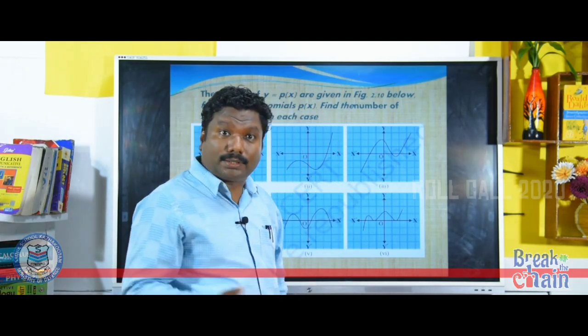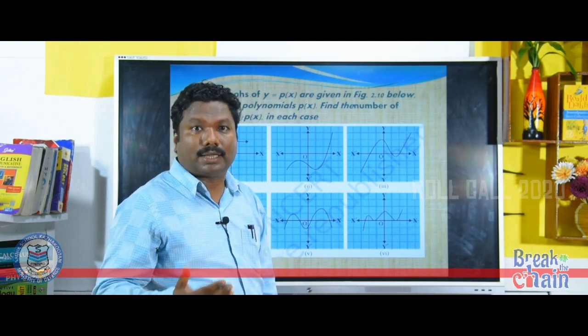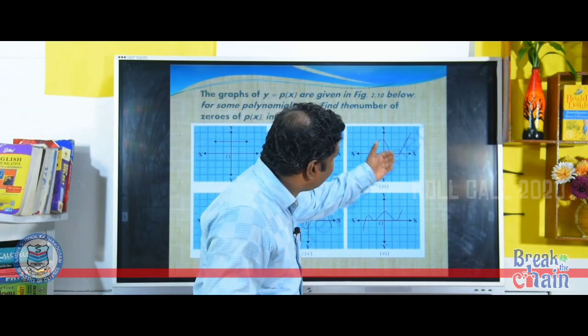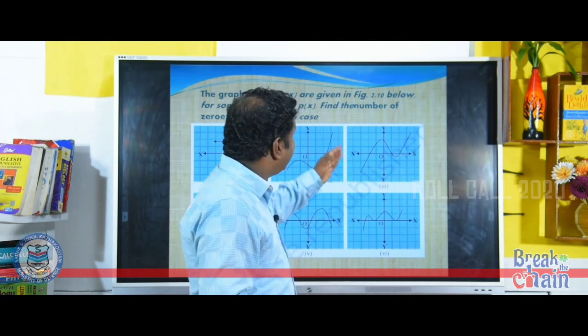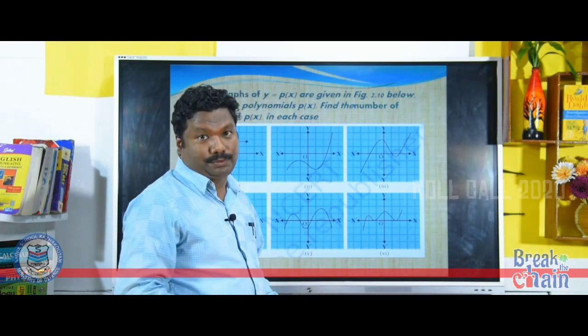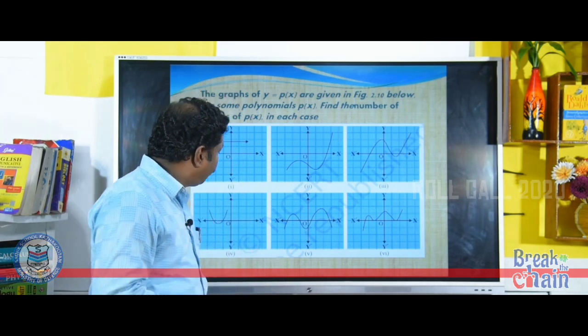The third question, y is equal to p of x. How many times does that curve touch the x-axis? According to that, we can identify the number of zeros. It touches the x-axis at 3 distinct points. That means this y is equal to p of x has 3 zeros. Now the fourth question.